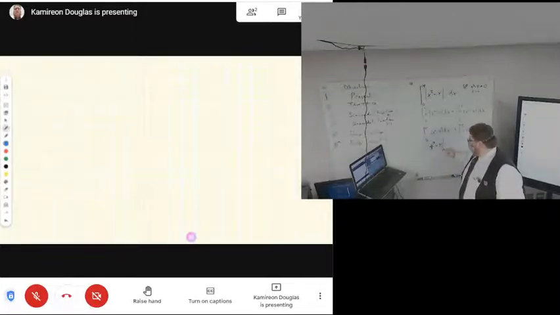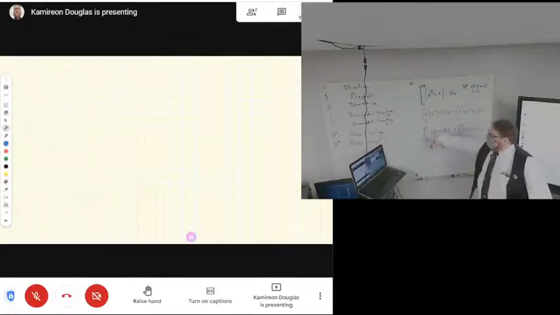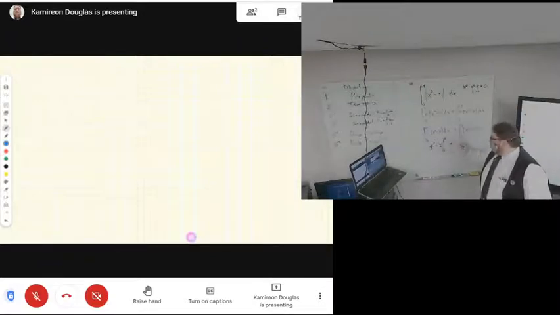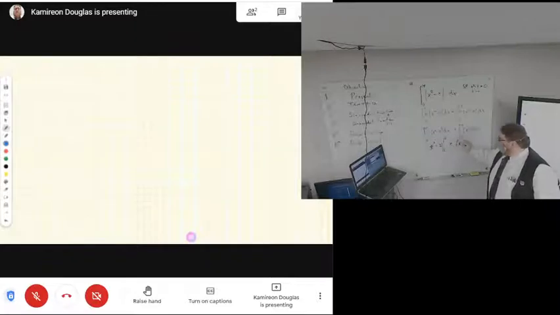Evaluate from 0 to 2, still negative. x squared becomes x cubed over 3, and 4 becomes 4x. Beautiful so far. Plus, the same piece happens over here, but now evaluated from 2 to 4.